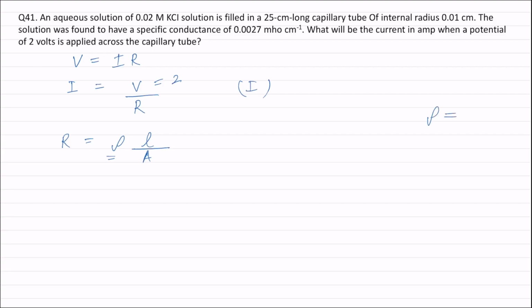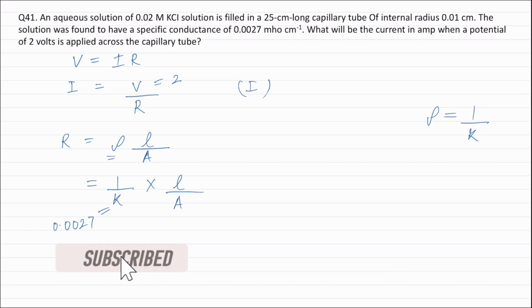Now specific resistance is equal to 1 by specific conductance. Therefore, putting the value of specific resistance, we get R is equal to 1 by specific conductance into cell constant, that is L by A. The value of specific conductance is given as 0.0027 per ohm per centimeter. The length of capillary tube is equal to 25 centimeter.